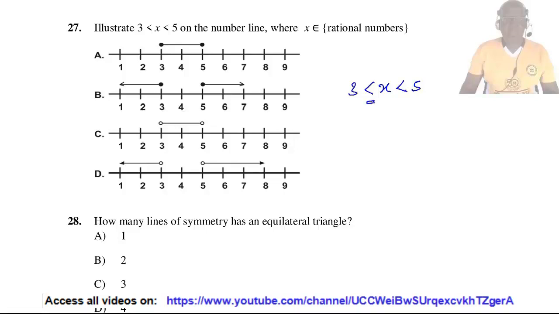The inequality sign over here is an indication that S is greater than 3 but not equal to 3. Likewise, the inequality sign is an indication that S is less than 5 but not equal to 5. And these are illustrated by these small unshaded circles. So the answer is C.